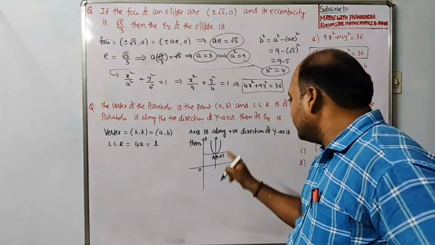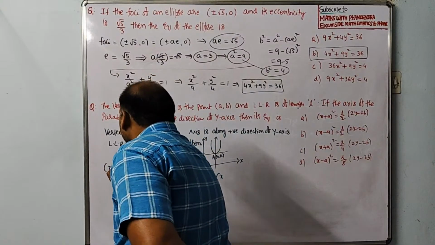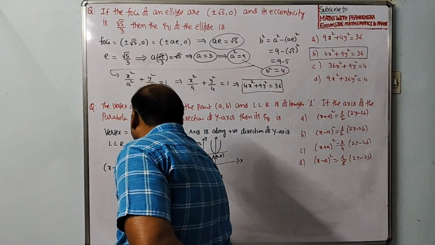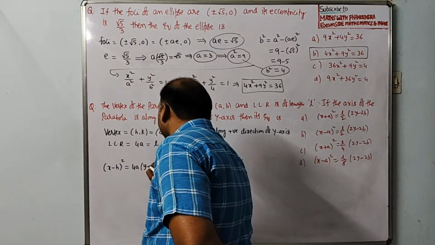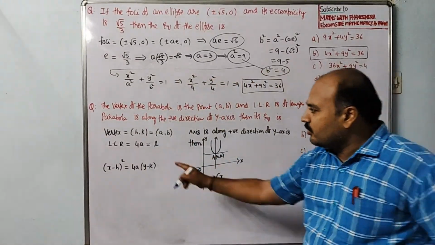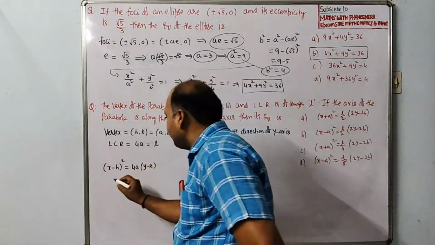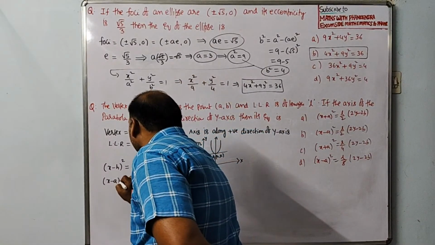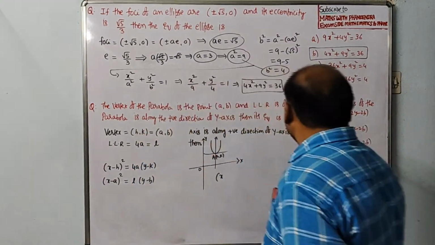I hope you understand. So this type of curve will become, here I will write it, x minus h whole square equal to 4a into positive direction of y-axis. That's what they're saying. Okay, students, still here understand? Wherever h comma k is there, replace with a comma b. Wherever 4a is there, replace with l. X minus a whole square is equal to l into y minus b. Check the options.